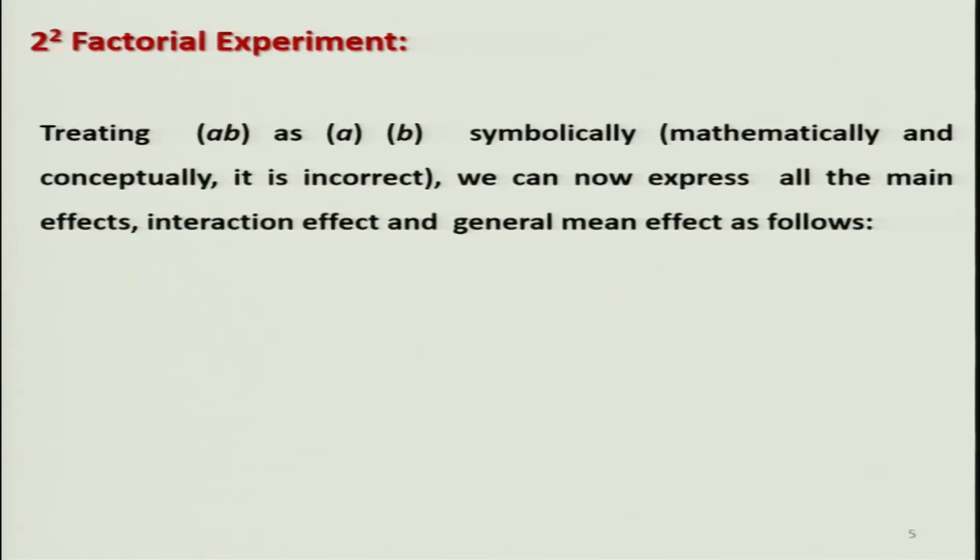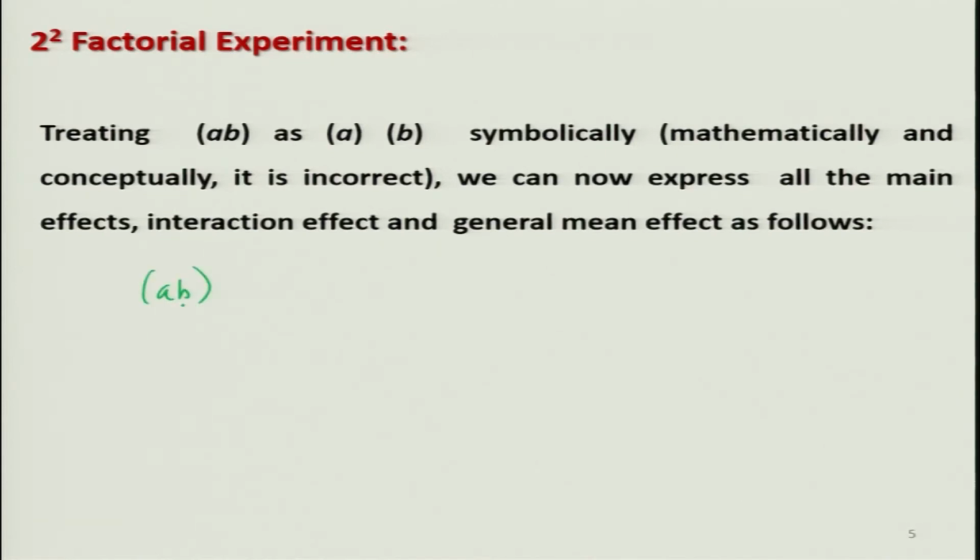right? And one thing I would like to make clear before we go further: when we are trying to develop a sort of analogy to understand or to find different types of main effect, interaction effect, and while we are trying to deal with the different types of treatment combination, we understand what is the meaning of AB.